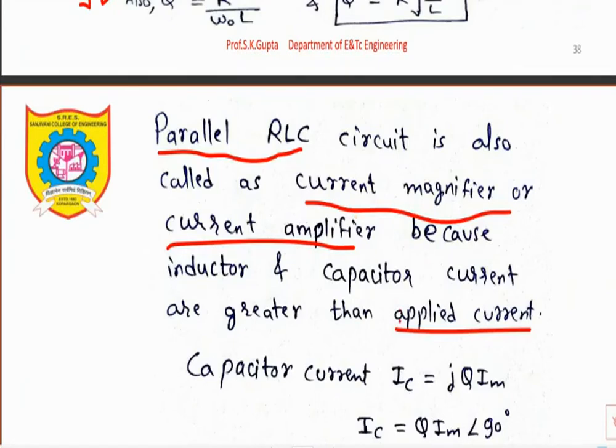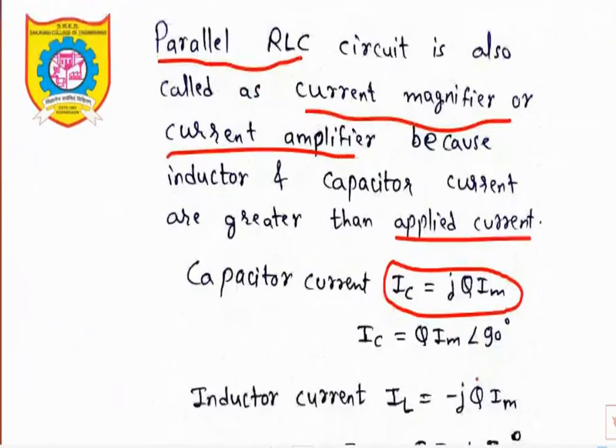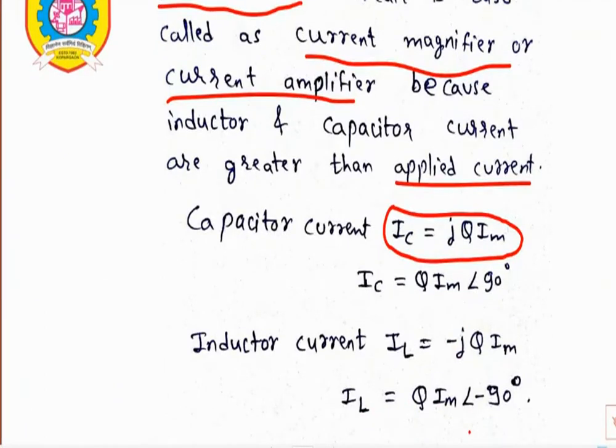Capacitor current is given by j times Q into Im, and j has an angle of 90 degrees. That means capacitor current is Q Im angle 90 degrees. Similarly, inductor current is minus jQ Im. Minus j has angle minus 90 degrees, so inductor current is Q Im angle minus 90 degrees. And what will be the resistor current?